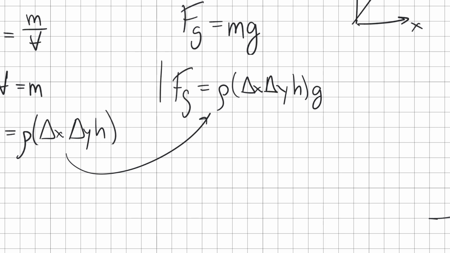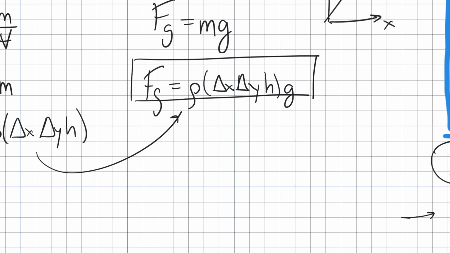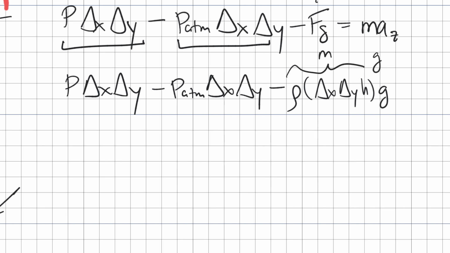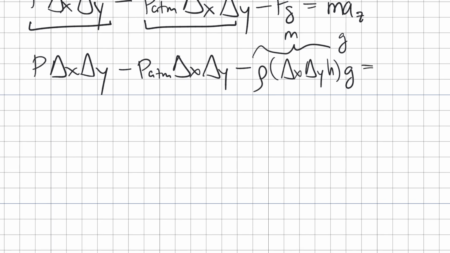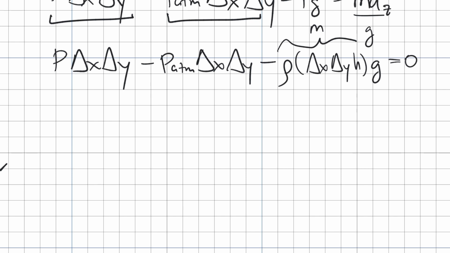That's the weight of our column of water. So I'm going to subtract the weight of the water, which is rho times the volume, delta x, delta y, h, and then times gravity. Remember, this is just mass times gravity. And it equals, in this case, since this thing is not accelerating, 0.